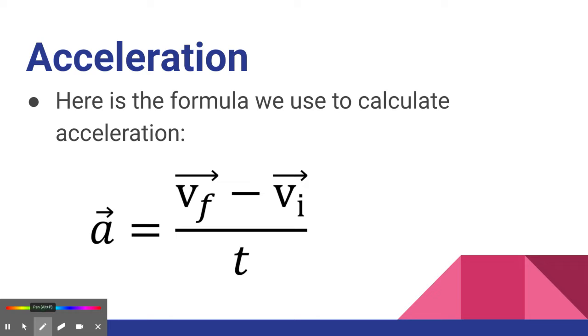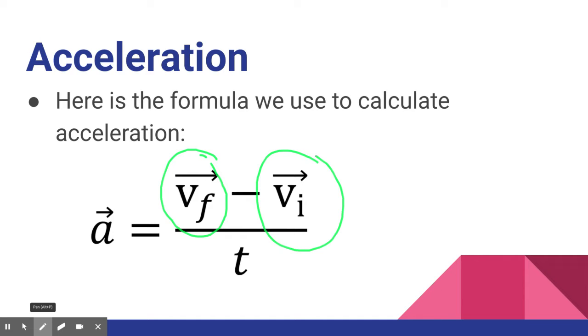What you're saying here is that this is the final velocity that I got, meaning the velocity that I measured at the end of my measurement. Here is the velocity that we started with. What's the difference between the two?